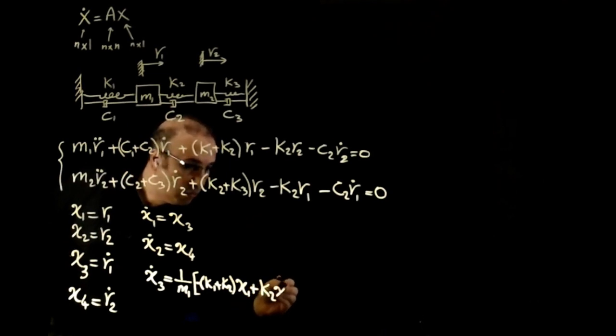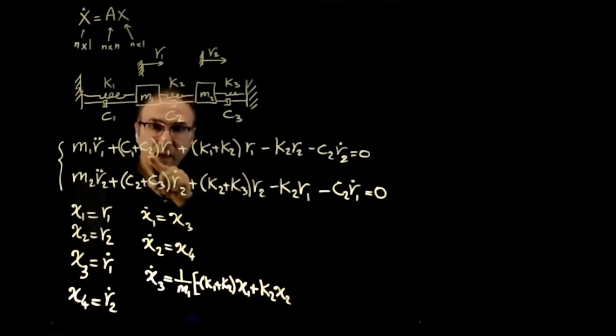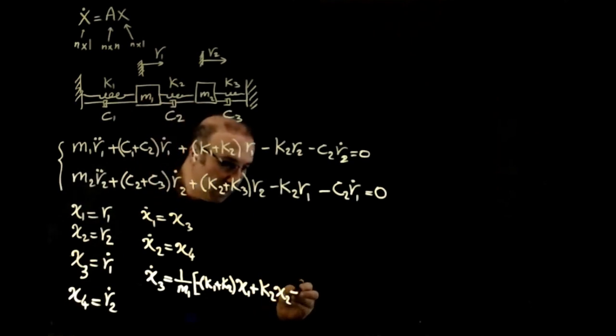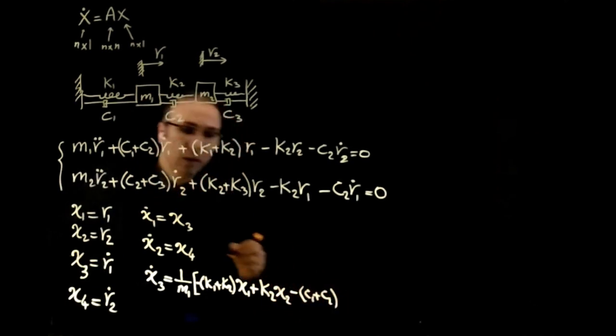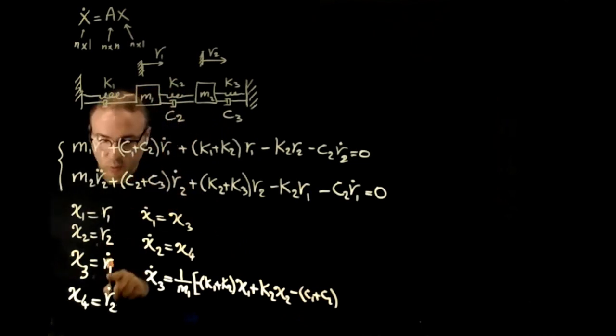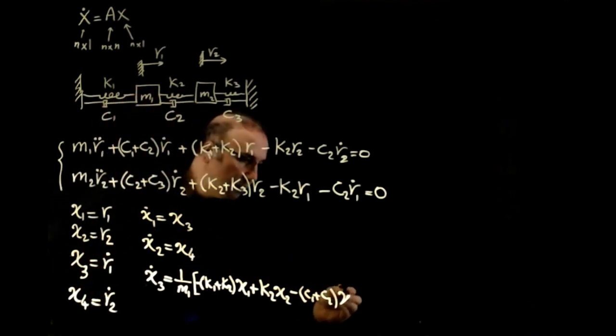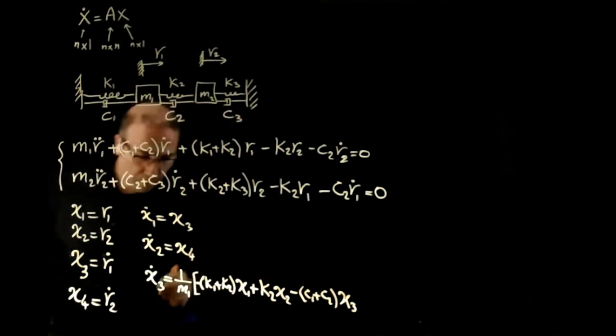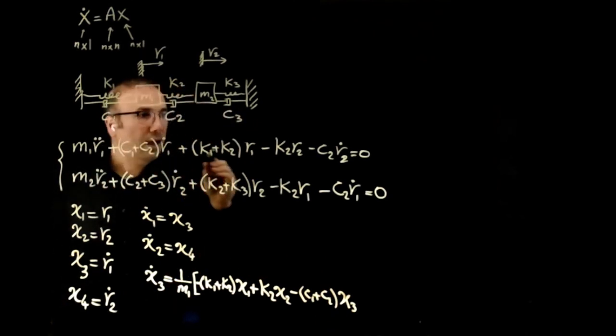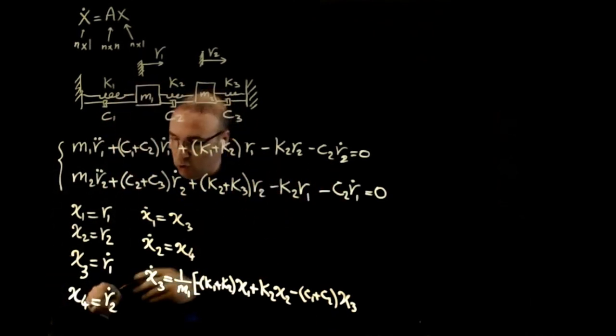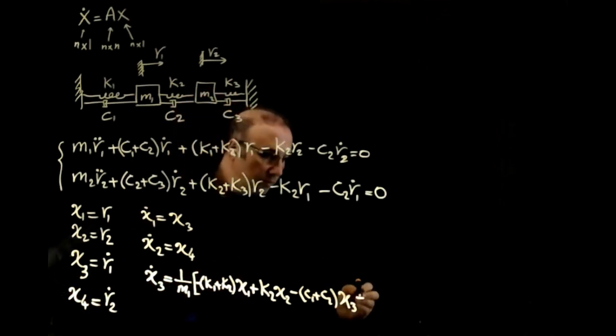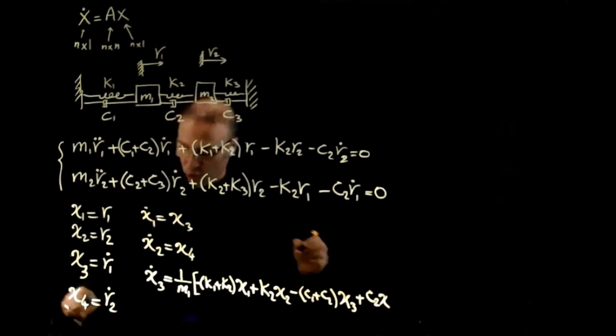Then this term is minus (C1 plus C2) R1 dot, which is x3. And I have the last term, C2 R2 dot, which is plus C2 x4.